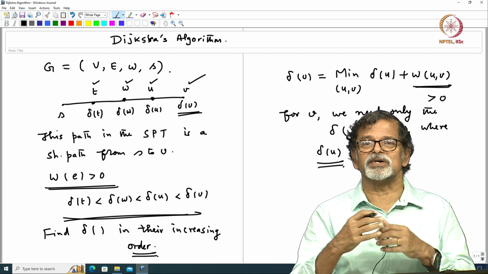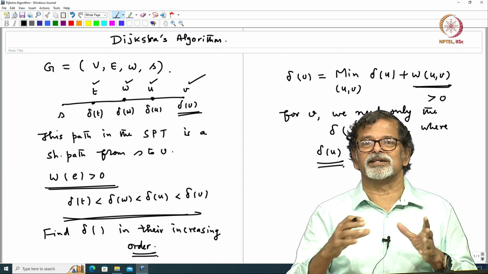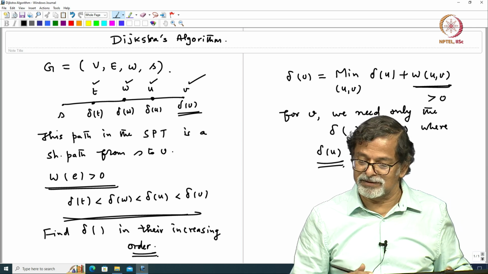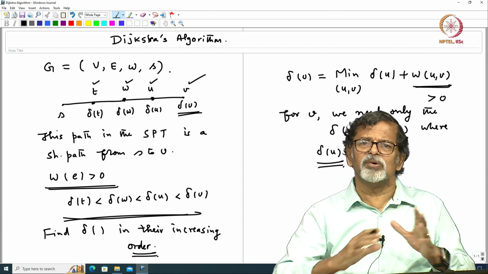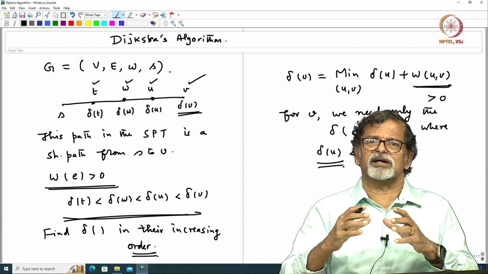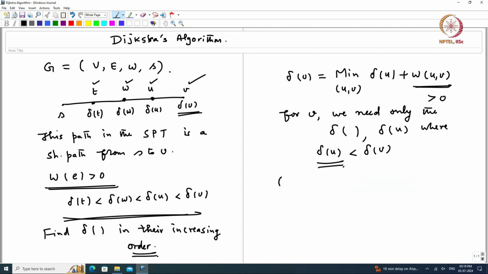Therefore, the situation is a bit tricky, and let us see how Dijkstra has resolved it. Okay. So, we go incrementally. This algorithm is going to have n minus 1 stages or phases, or n minus 1 iterations, you can say.